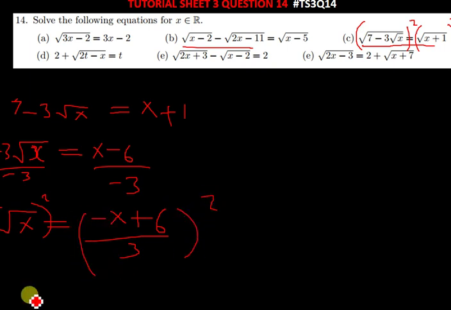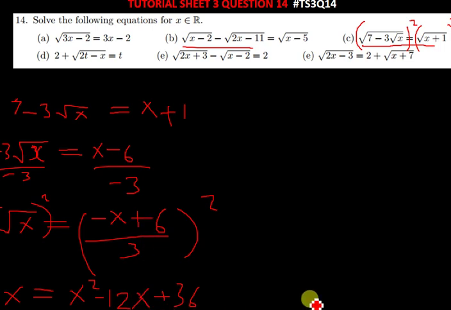So here I'm going to have x being equal to, so negative x times negative x, you get x squared, and then you have negative x times 6, 6 times negative 6, so meaning you have something like negative 12x here, and then 6 times 6, there you get 36. Then everything divided by 3 squared, which is 9.